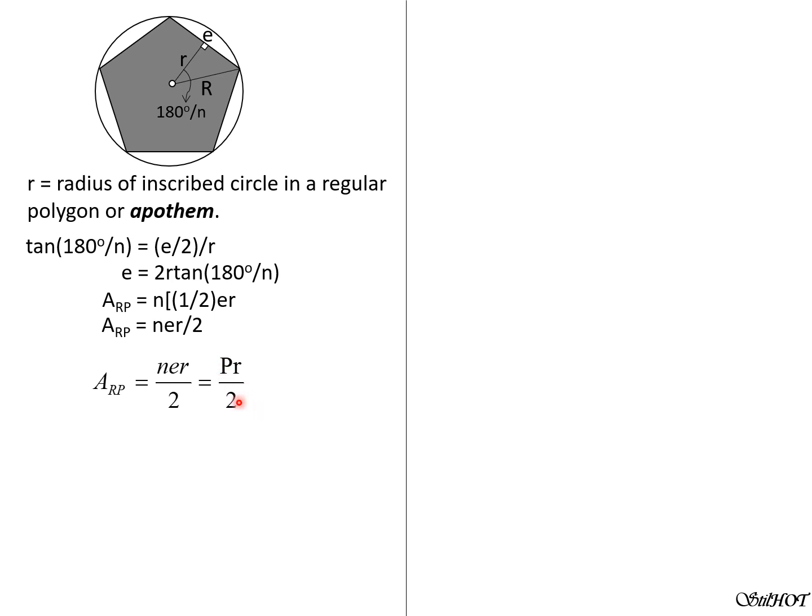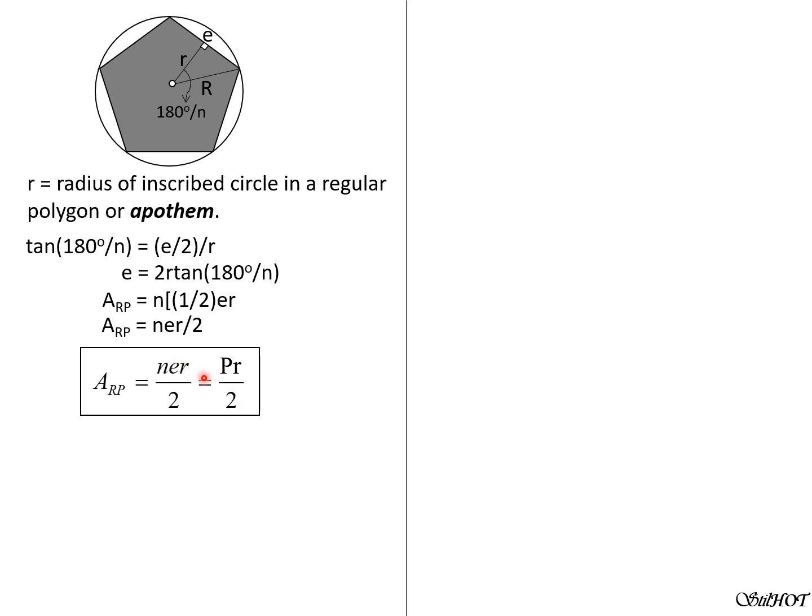So just like this, if we treat P over 2 as half of the perimeter of the regular polygon this time, it's like RS. You can also memorize RS, but do not forget that R is the radius of the inscribed circle, or we call this the apothem. So that's the formula, just in case, in terms of the apothem and the side.